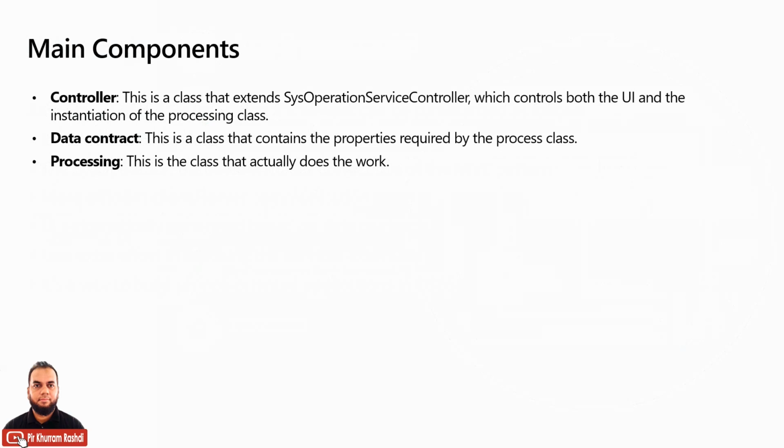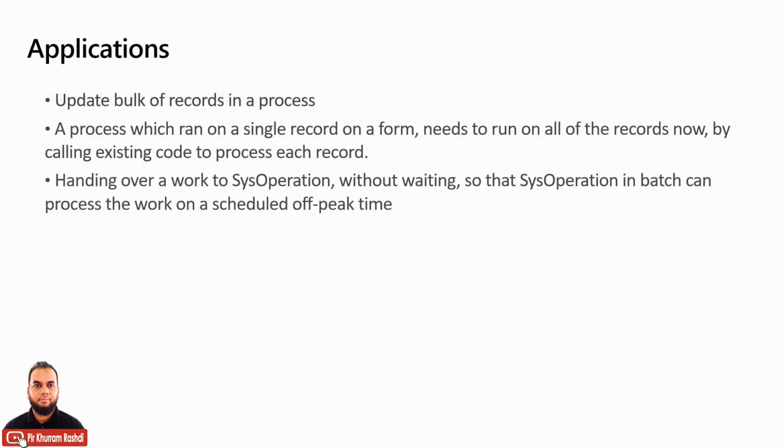Additionally, we can have a UI builder class, which we will make use of in our demonstration. And what are the applications where we can use the SysOperation framework? It is used when you have to update multiple records in bulk in a process.